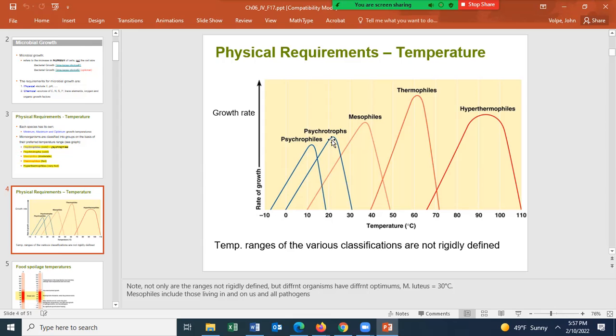The psychrotrophs grow above that. They grow around room temperature. The mesophiles grow around 37 degrees Celsius. That's 98.6 degrees Fahrenheit. All of the human pathogens are mesophiles. So this is where all of the human pathogens are. The thermophiles grow best around 60 to 65 degrees Celsius.